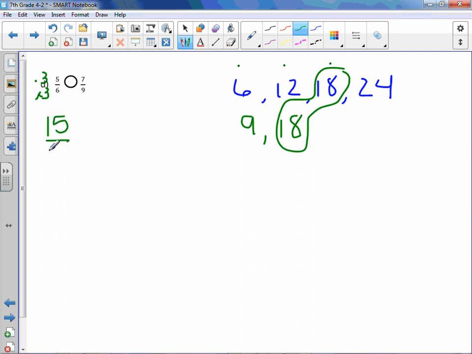And we have 15 over 18. And 9 times 2 is 18. So we're going to multiply numerator and denominator by 2 to get 14/18. We are dealing with positive numbers. Therefore, 15/18 is bigger, which means 5/6 is bigger.